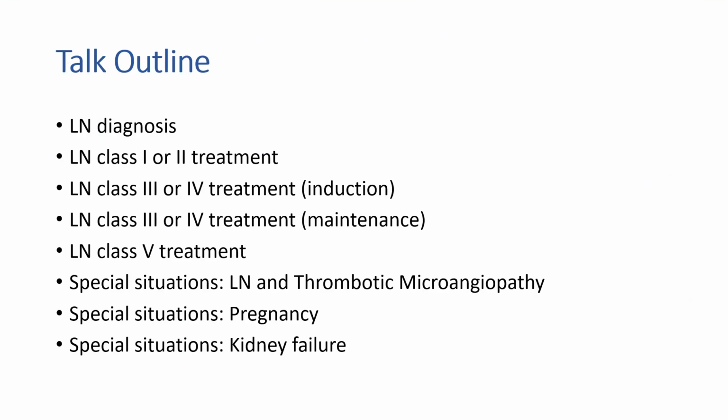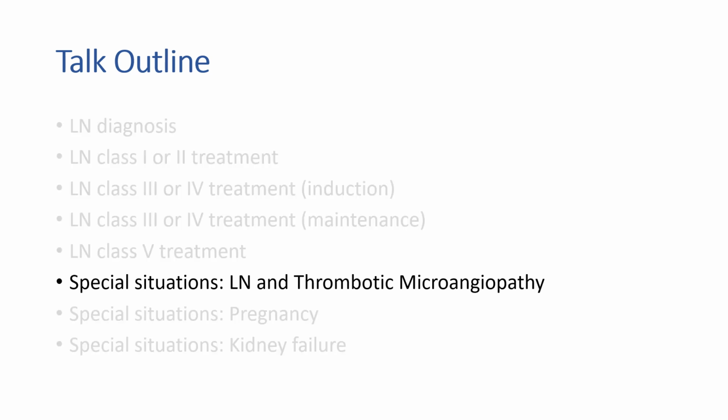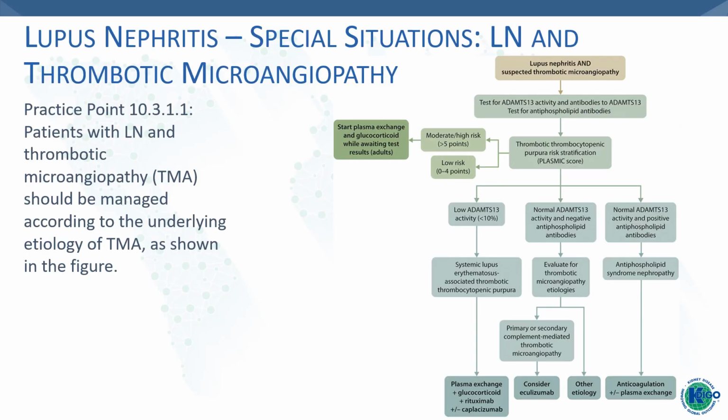Special situations of lupus nephritis, and the first one is lupus nephritis and thrombotic microangiopathy. If lupus nephritis presented with suspected thrombotic microangiopathy, you have to send tests for ADAMTS13 activity and antibodies to ADAMTS13, and also test for antiphospholipid antibodies.